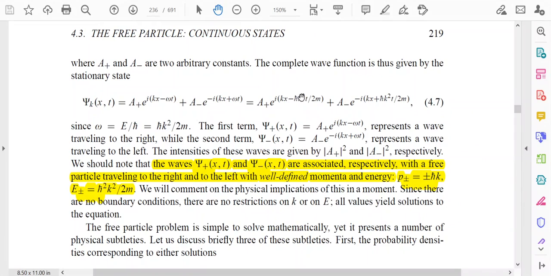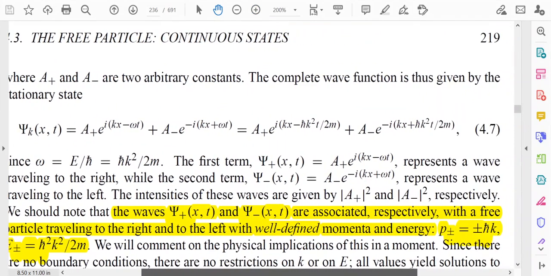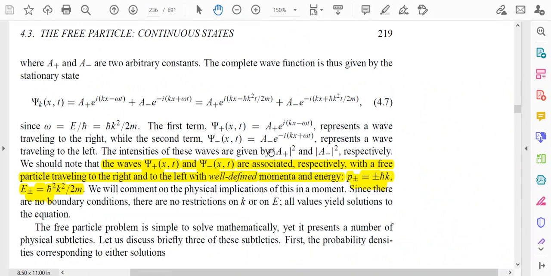So this is the combination of two waves. One wave travels to the right and another wave travels to the left. Now the intensity of these waves are given by mod A plus whole square and mod A minus whole square.